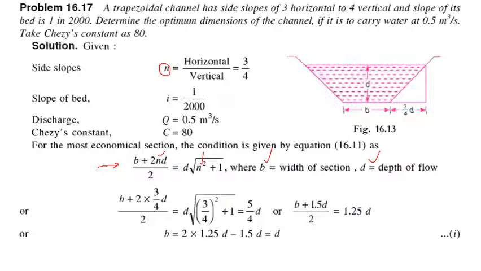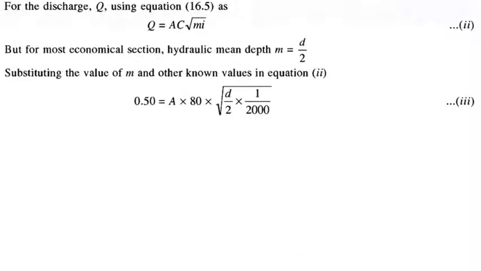So if we substitute n here, we get b plus 1.5 into d by 2 is equal to 1.25 d. And if we solve that equation, we get b is equal to d, that is width is equal to depth.